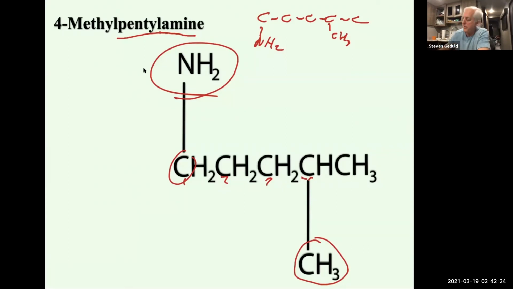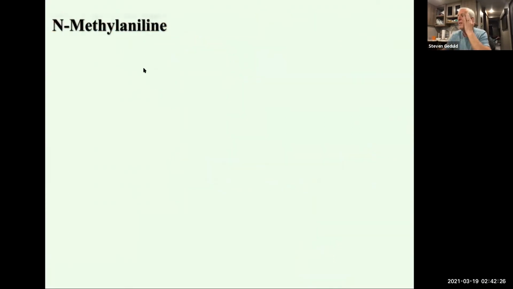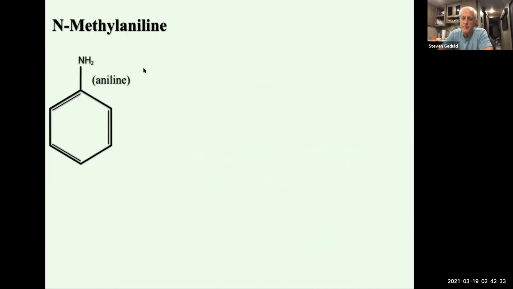Okay, wrong computer. So N-methyl aniline. Now remember, aniline is benzene with an NH2 group on it. So it's 1 attachment to the nitrogen, so it's a secondary amine.